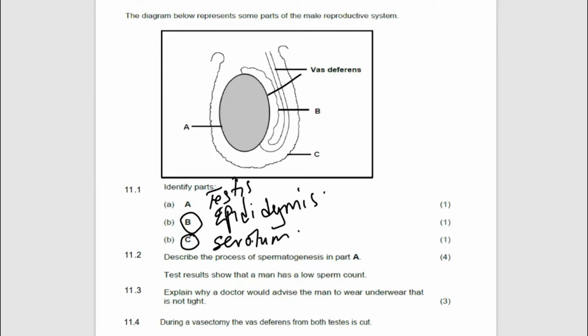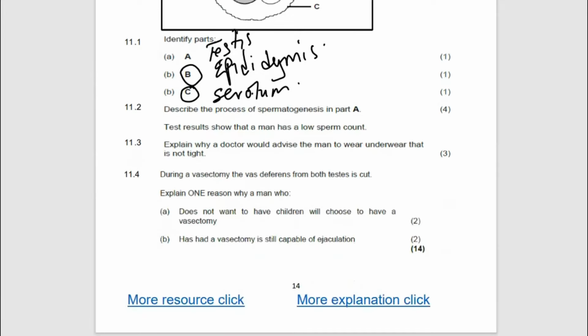Describe the process of spermatogenesis. I explained this the other time when I was describing the paper of 2022 for the exam for June. Remember that we are in a period where you have to follow the examination guideline of 2021.